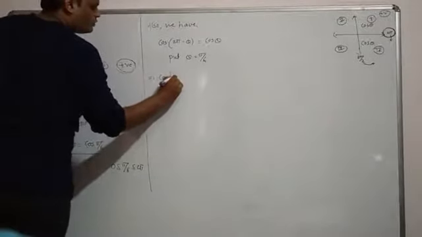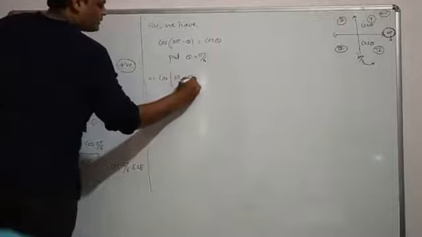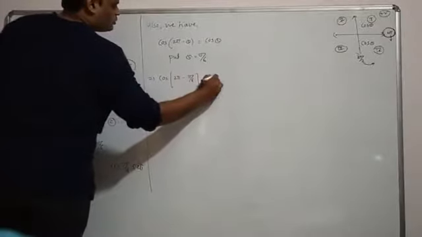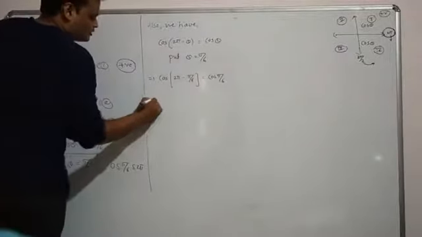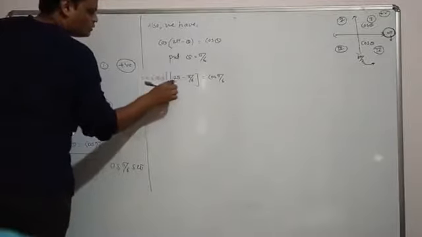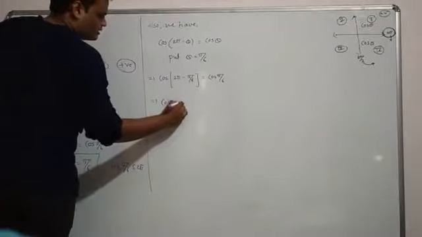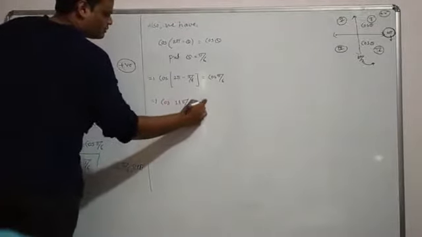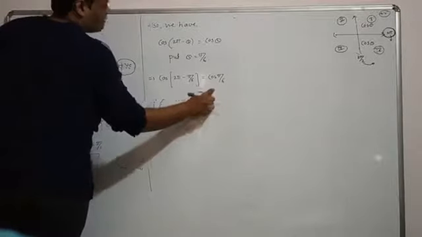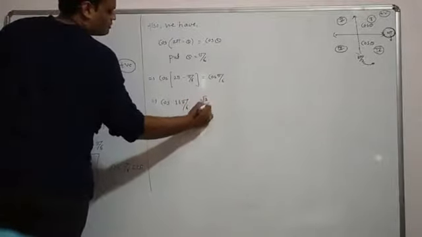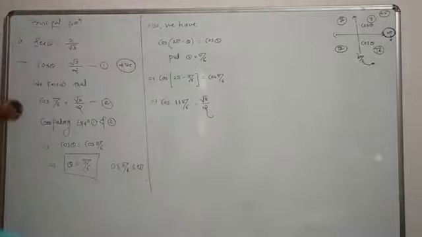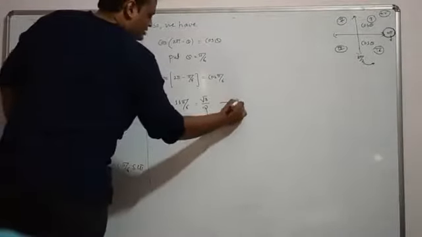Cos of 2 pi minus pi by 6 is equal to cos pi by 6. So cos of, here you have 12 minus 1, that is 11 pi by 6, is equal to, what is cos pi by 6? It is root 3 by 2. Okay, so I'll call this equation 3.